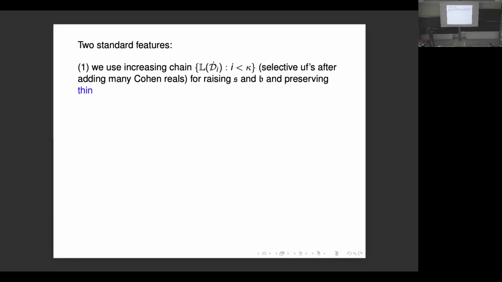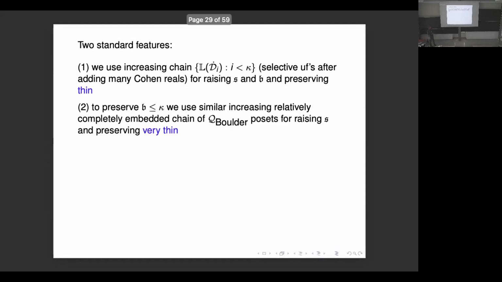And we're going to carry along a notion called thin, which is roughly like being Cohen over a model. So we'll have an ideal of sets that we'll call thin, and that'll be our commitment that we will try very hard not to add a pseudo-intersection to those sets.